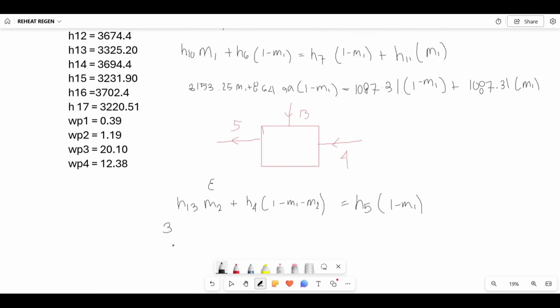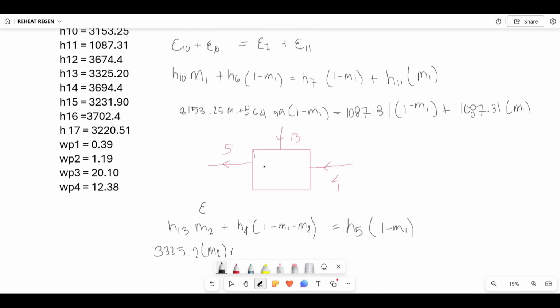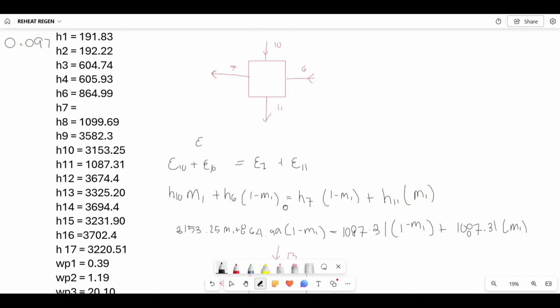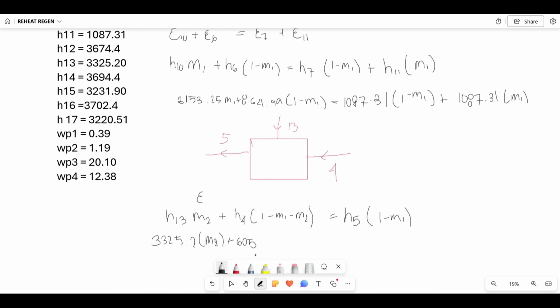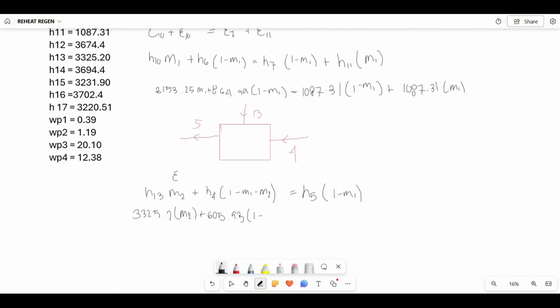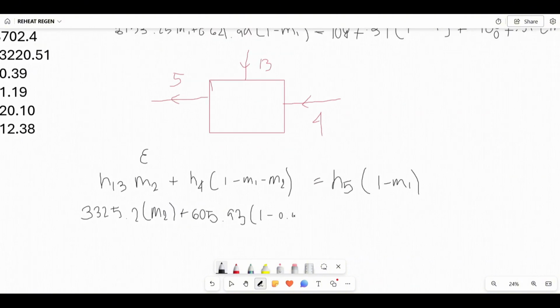So H13 is 3325 times mass 2 plus H4. What is H4? H4 is 605.93 times 1 minus, we got M1, which is 0.097.